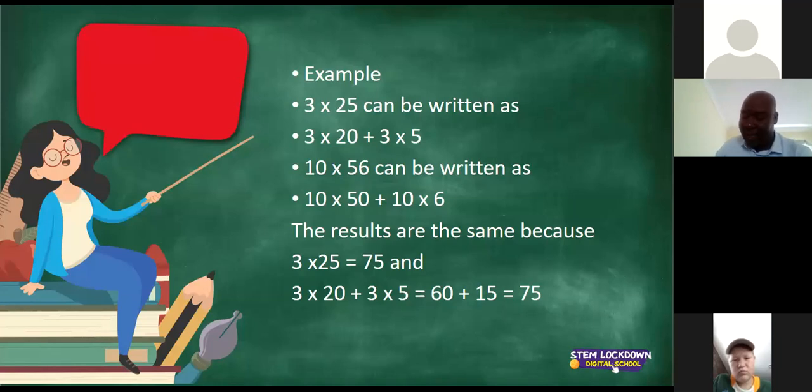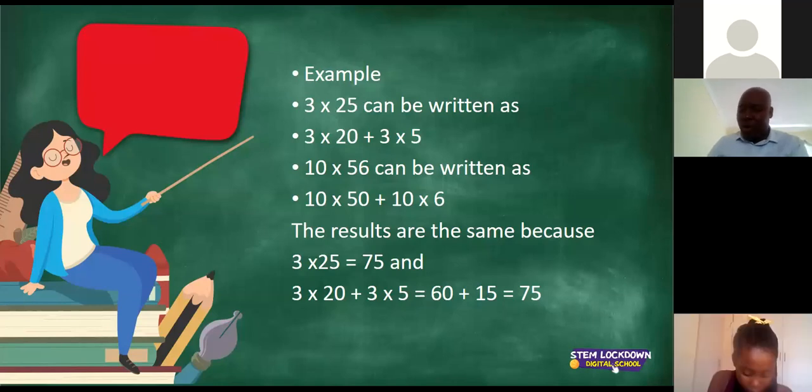And what do we get? We can see that now we have got a bracket. You can have 10 open bracket 50 plus 6. And what do you do from there? Now you have to use the principle of BODMAS to break the bracket. And how do you break the bracket?